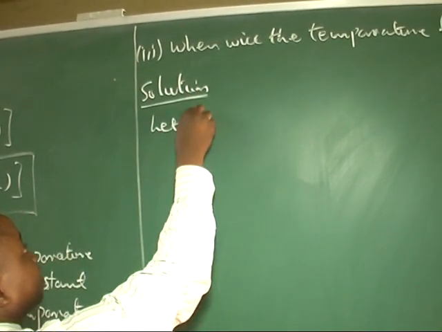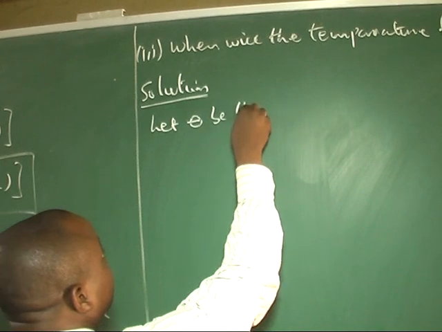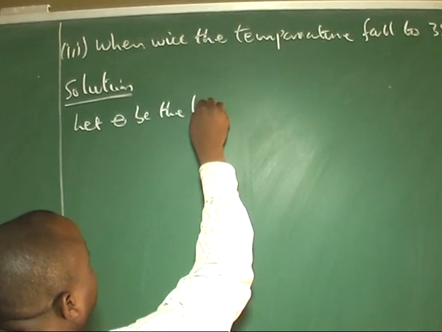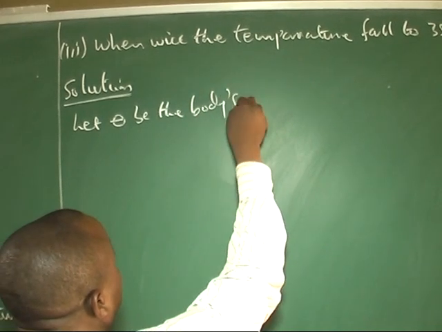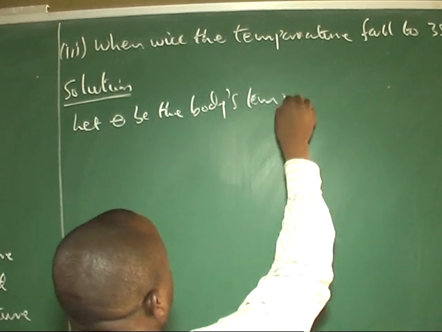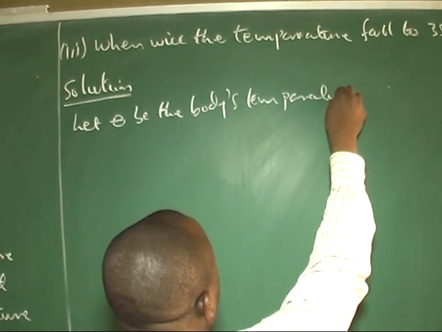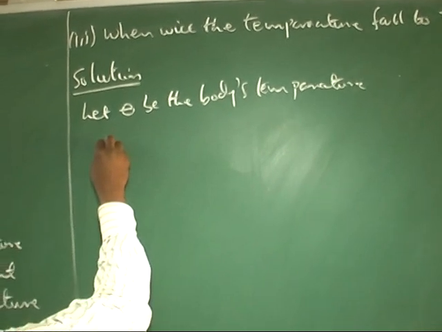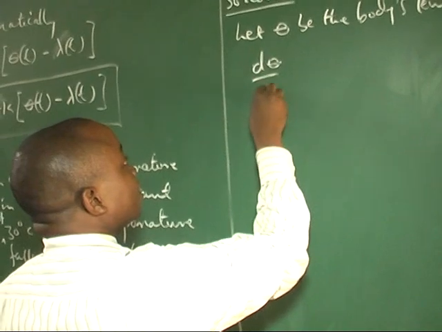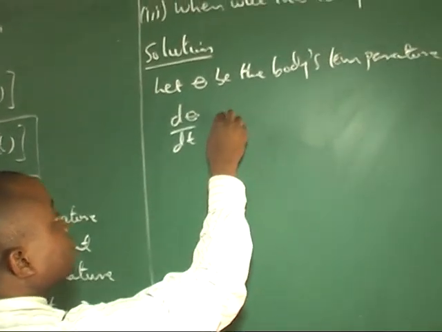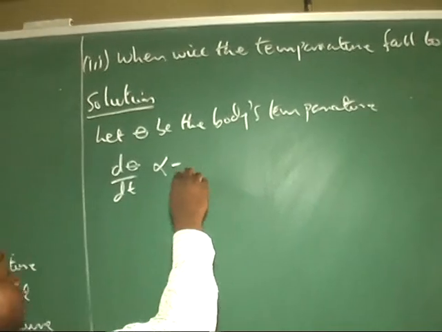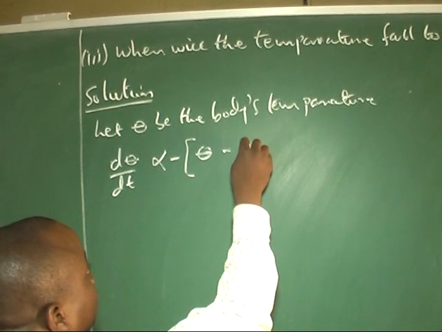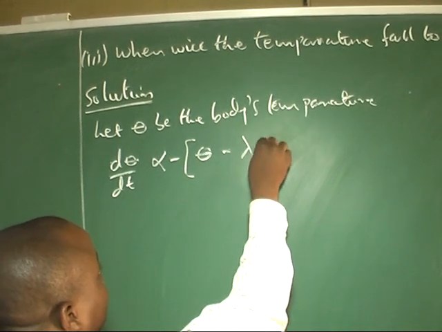First, we'll let theta be the body's temperature. Now that means d theta dt is proportional to theta minus lambda of t.